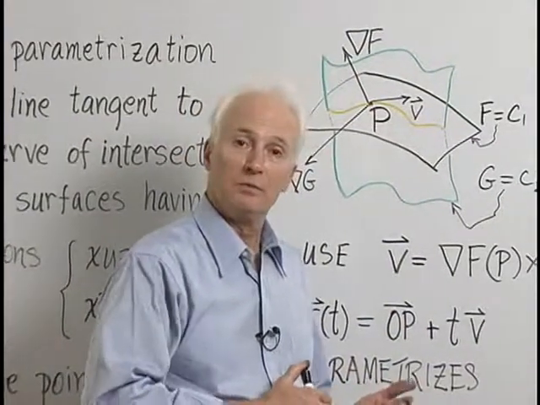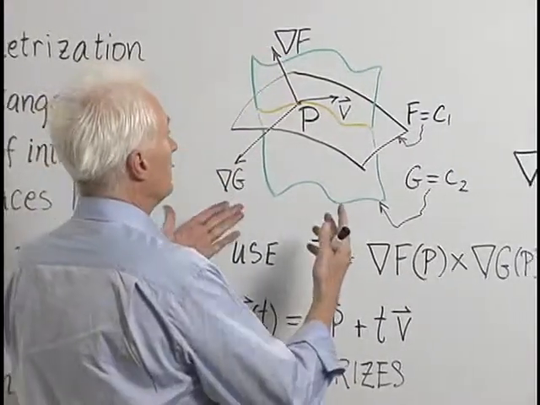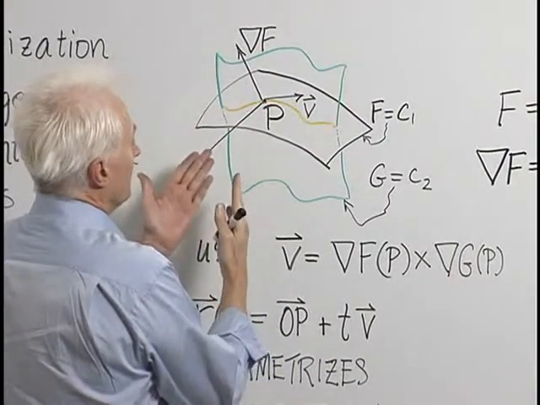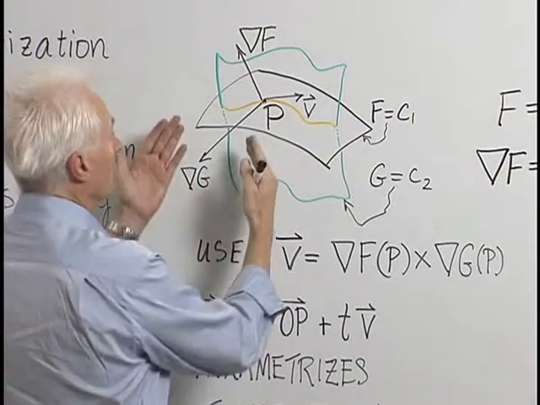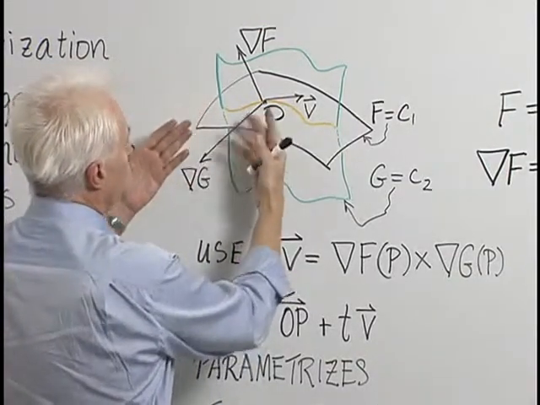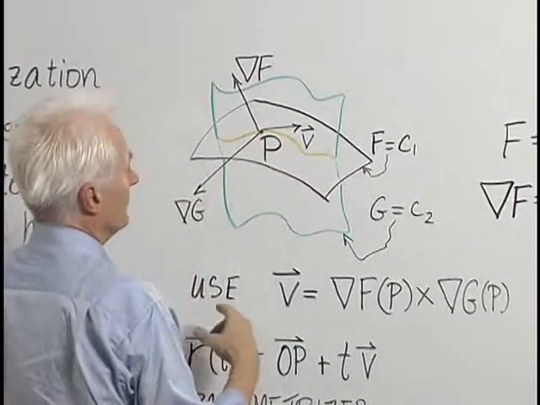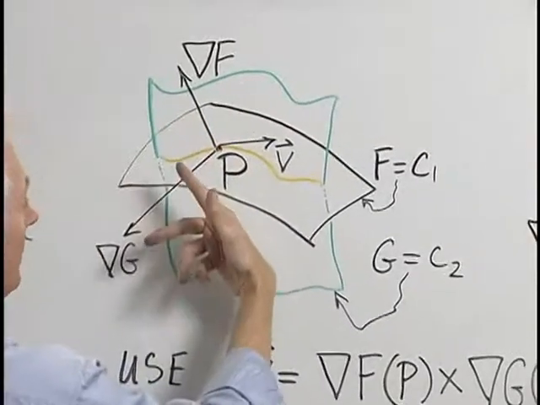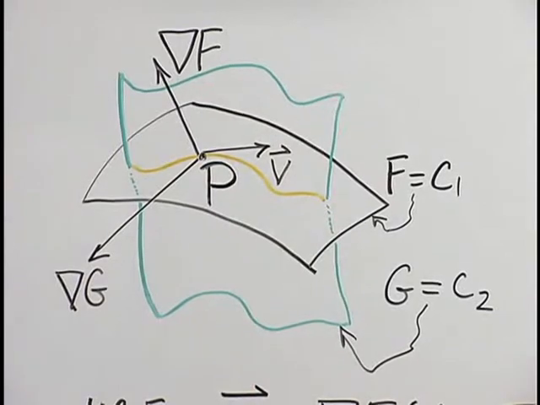It's, of course, difficult to picture what those surfaces would be, but there are some surfaces and they intersect in some curve most likely. In order to see that that's the case, if we look at the gradient vectors at that point to the two functions that define those two surfaces, then if those gradient vectors are not parallel, it means that those two surfaces do in fact intersect in a curve.